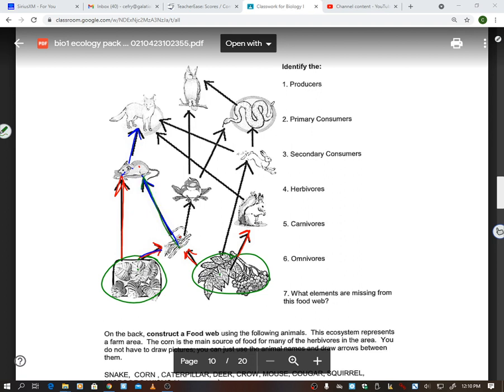If I do here to here, my fox is a secondary consumer. Let's see here, 1, 2, I'm sorry, a tertiary. So there's 1, 2, 3, it's a tertiary consumer. Or I can go here to here and it becomes a secondary. So it doesn't just have to fall under one, okay? Depending on the food chain, it can be multiples.